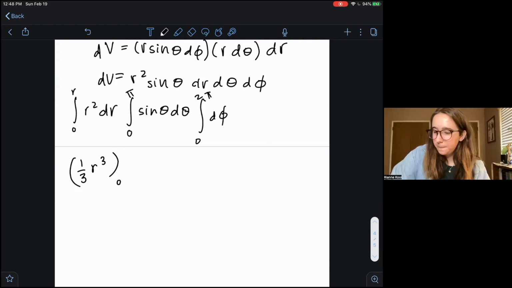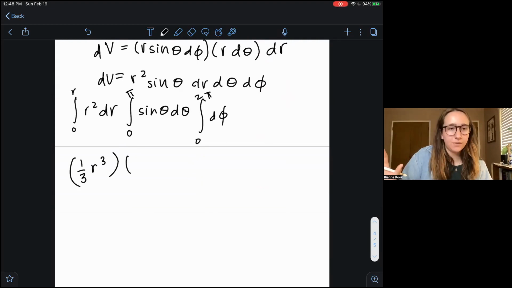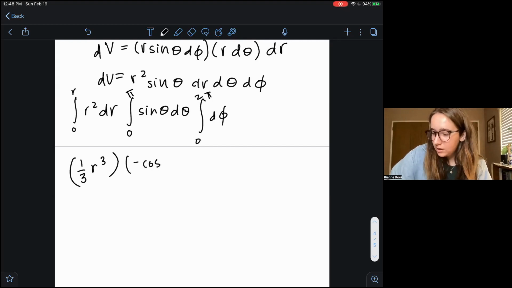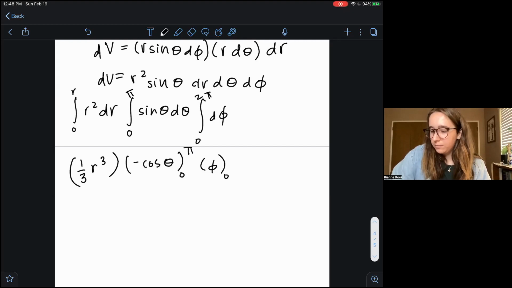And then we have the integral of sine theta d theta from 0 to pi. The integral of sine theta is negative cosine theta, evaluated from 0 to pi. And the integral of d phi is just phi, integrated from 0 to 2 pi.